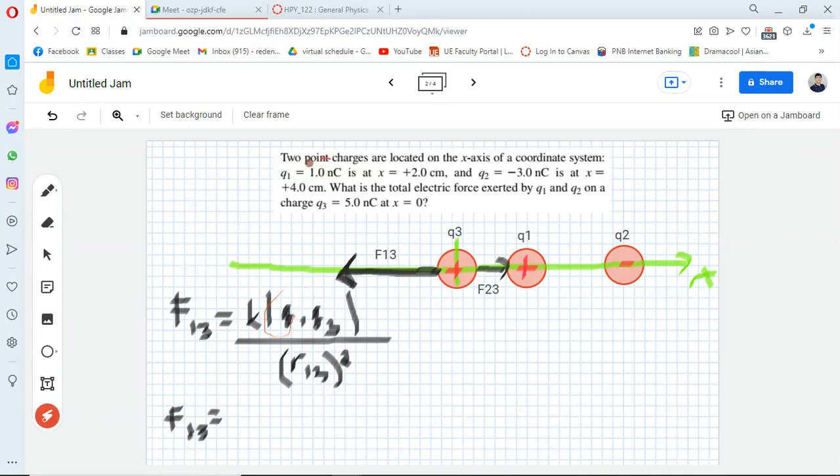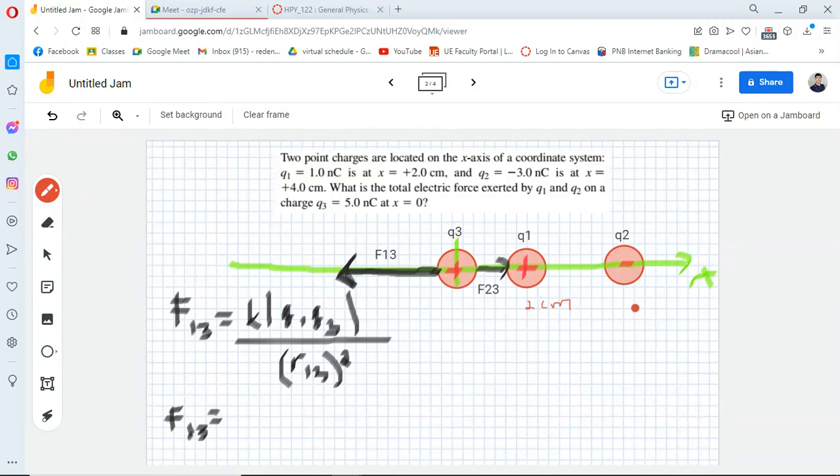The Q1 to be 1 times 10 to the negative 9 coulomb. Our Q3 is 5 times 10 to the negative 9. Pero ano kaya yung kanilang distance? Okay, ano ba yung distance between Q3 and Q1? Okay? So, sabi natin kanina na si Q1, okay, kung maaalala natin, si Q1 ay nasa 2 cm of the x-axis from the center.